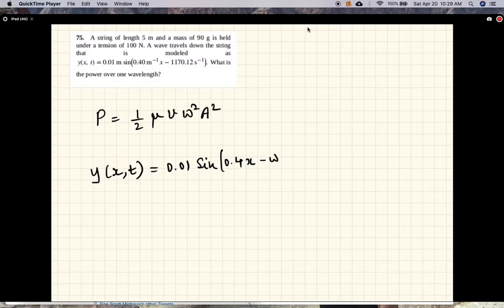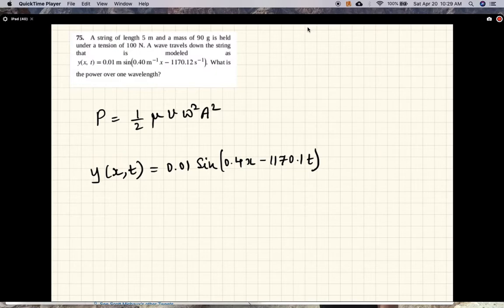So here's the amplitude, here's the wave number, and here's the angular frequency. I meant to write 1170.1 t.